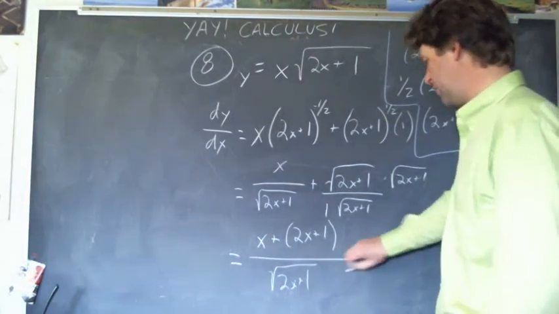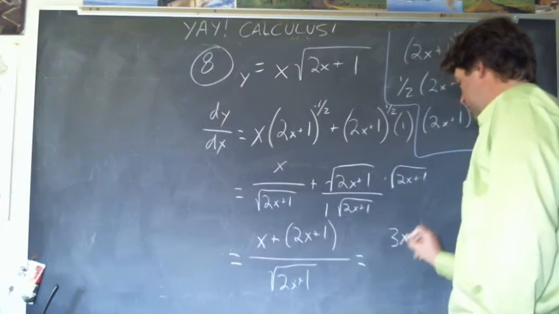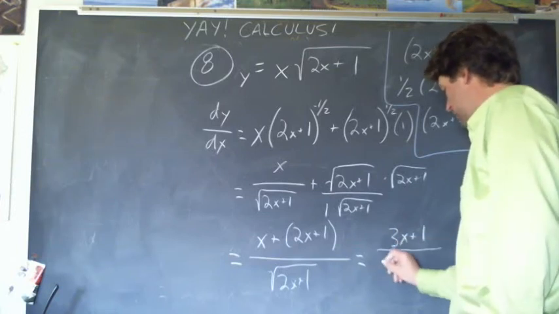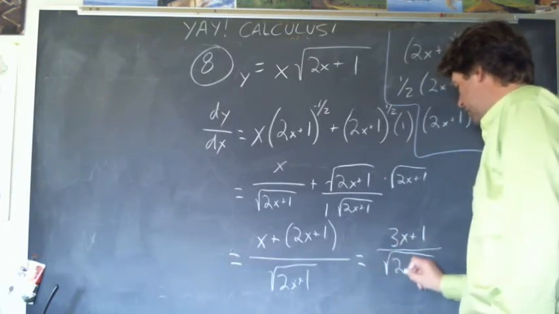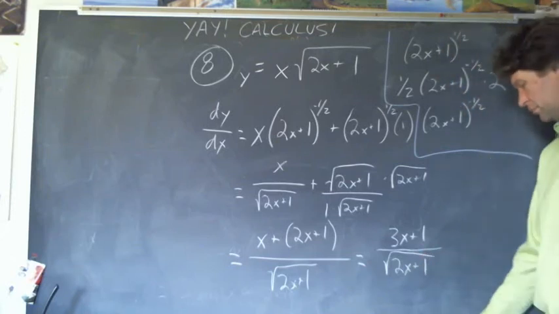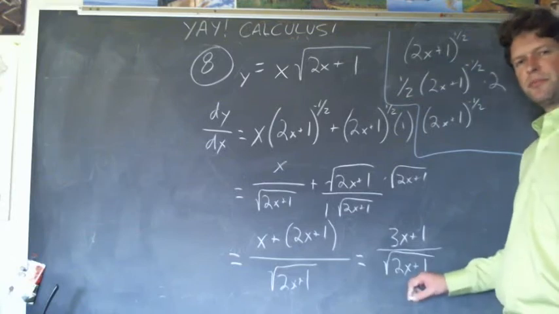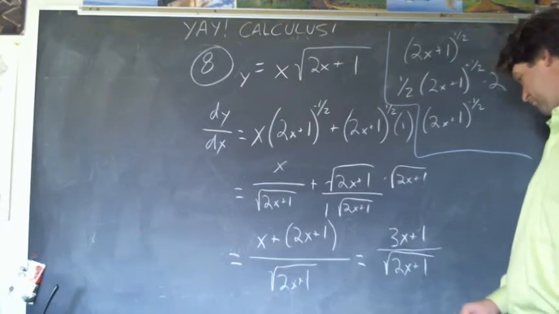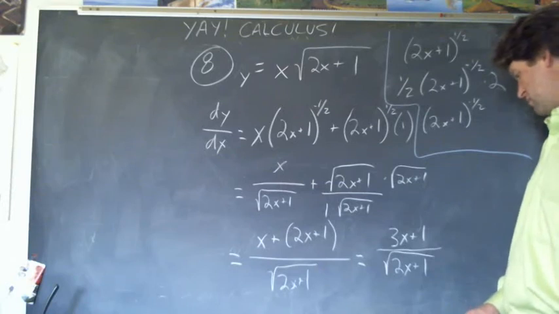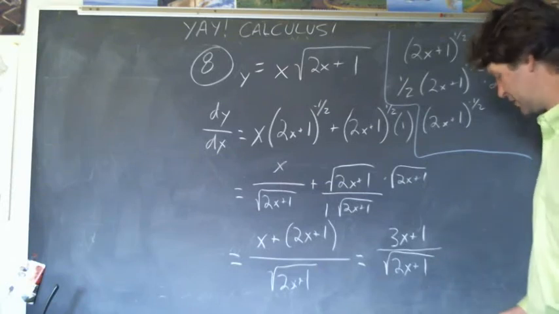And then cleaning it up a bit, 2x and the x goes to 3x plus 1 over the square root of 2x plus 1. There's a radical in the denominator. Really don't care. You can multiply top and bottom by radical 2x plus 1, but make it look worse and not better.